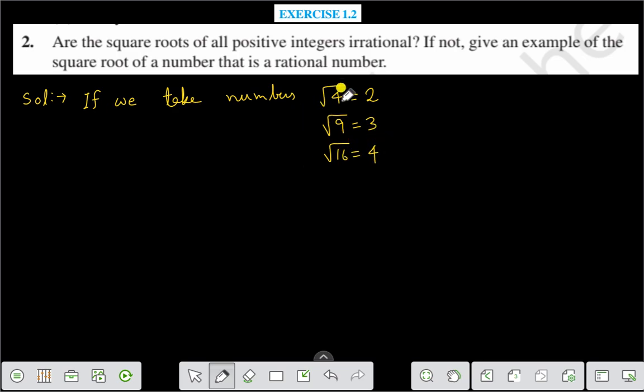If we take numbers like this, are all the square roots of positive integers irrational? The answer is no.